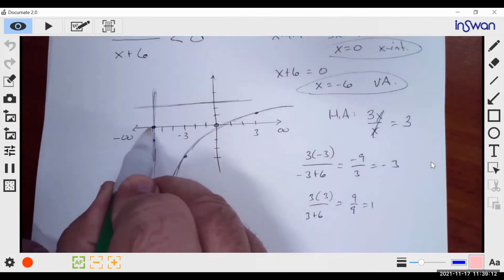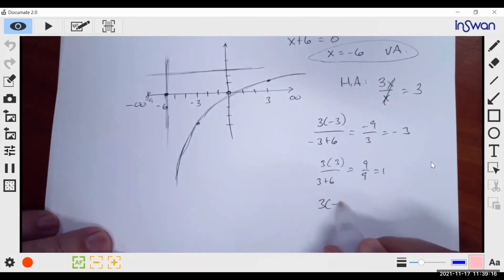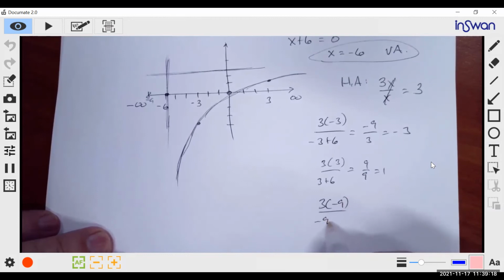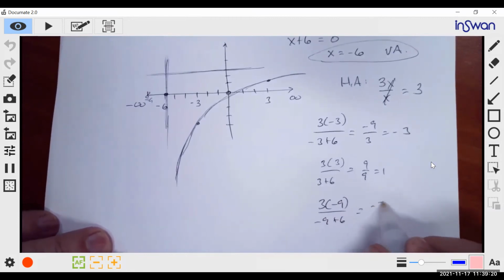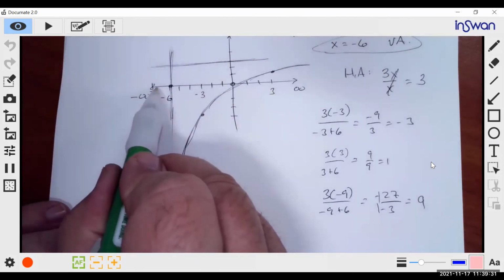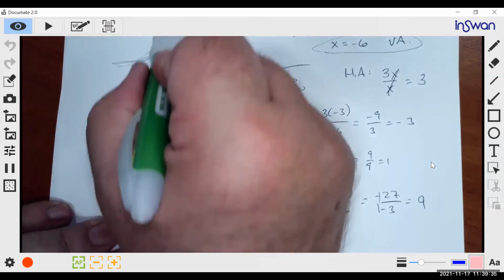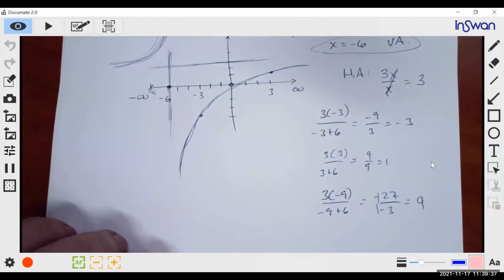Now, how about if I can't use that one? How about if I use -9? 3 times -9 over -9 plus 6, -27 over -3, negatives cancel. So 27 over 3 is 9. So at -9, it's 9. So I know over here then, my graph will look something like this.